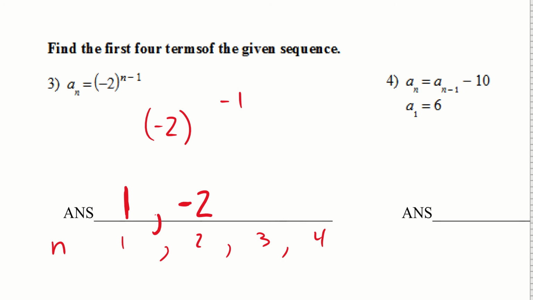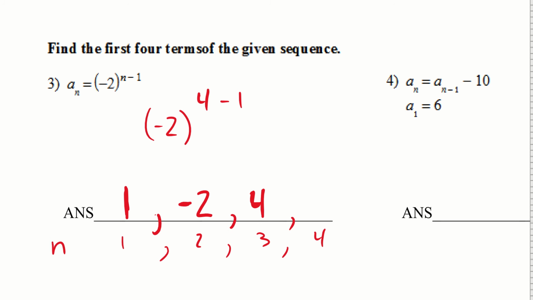Fabulous. Let's change n to 3. 3 minus 1 is 2. -2 to the second power, -2 times -2 would be +4. And then finally, I'll put in 4.